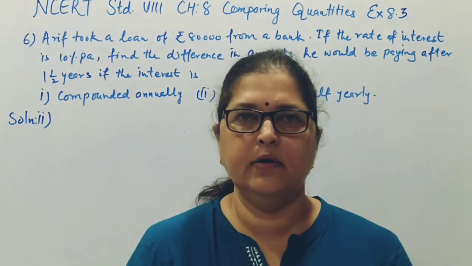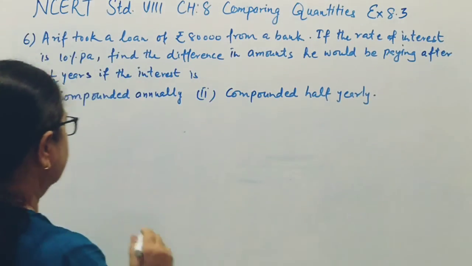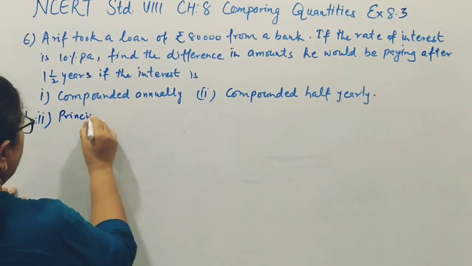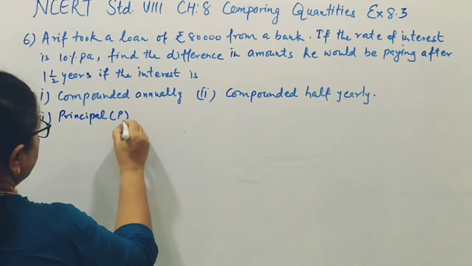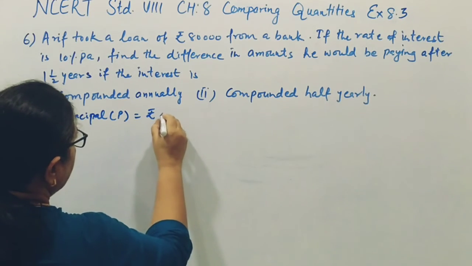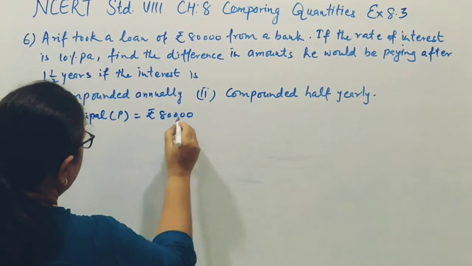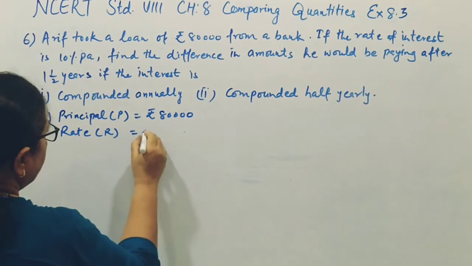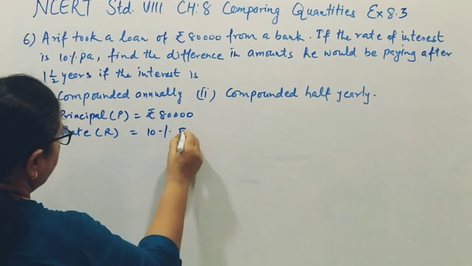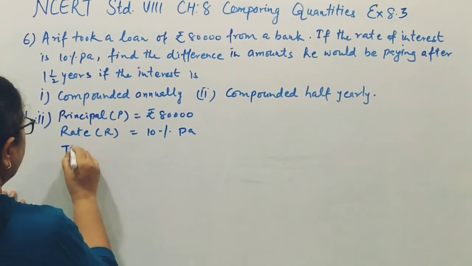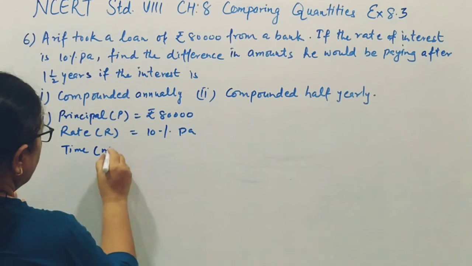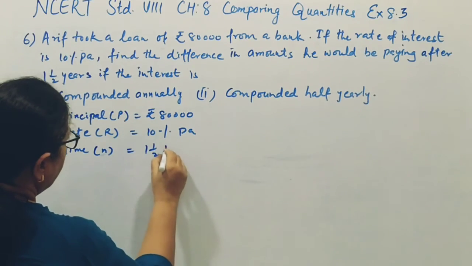Now the second part of question number 6. Principal, rupees 80,000, rate, 10% per annum, time, 1.5 year.